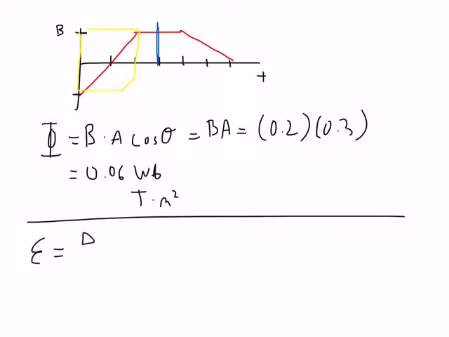Epsilon equals delta phi over delta t. So the change in flux divided by the change in time. So we just calculated what flux is. And we know the angle is not changed, so I'm just going to do delta BA over delta t. But the area of the loop is also constant, so the A can come out of that differential.